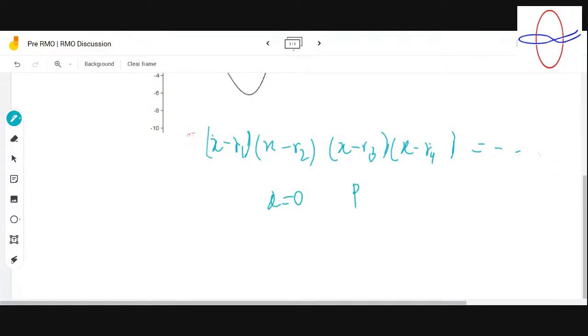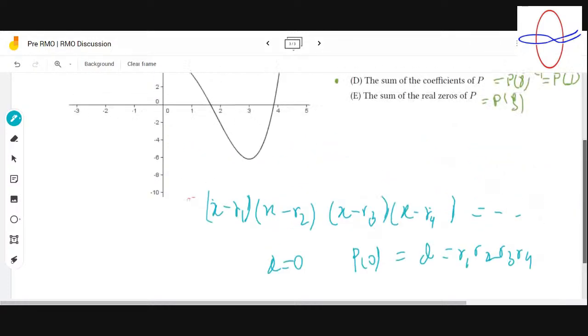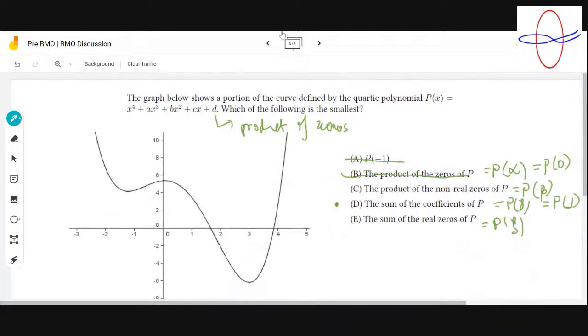P of 0 is equal to D, and it is equal to R1 R2 R3 R4. It's the product of the roots. Yes, P of 1 is the sum of the coefficients, you're right. That's why we said that P of 1 is smaller than P of -1.